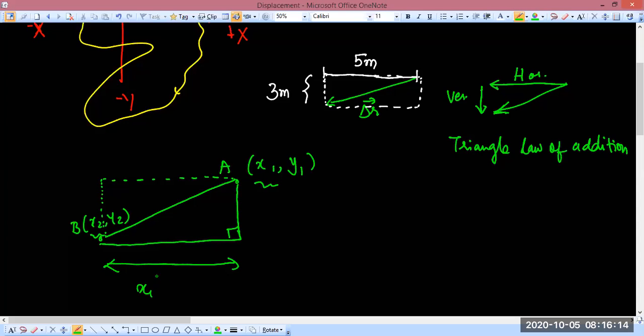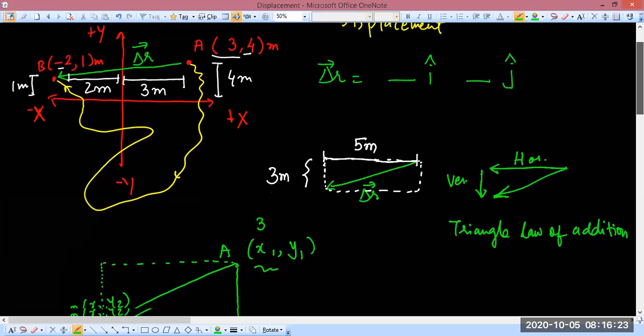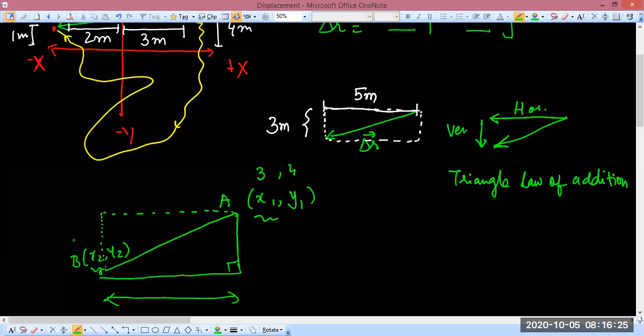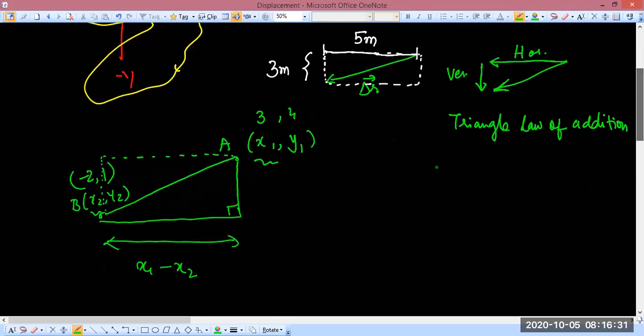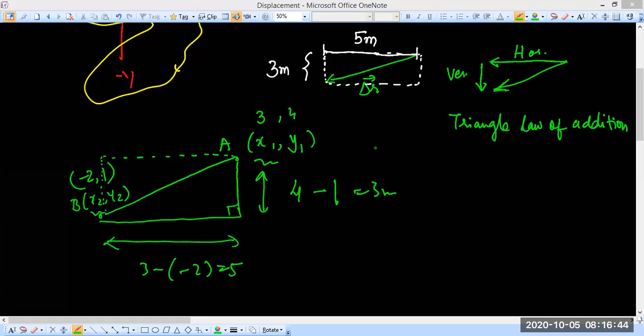Yes or no? For example, I took here 3 and 4, and this is minus 2 comma 1. So if I subtract, I'll get 3 minus minus 2, so that is 5. And like that, I'll get this as 4 minus 1. I hope all of you realize that. So that's going to be 3.